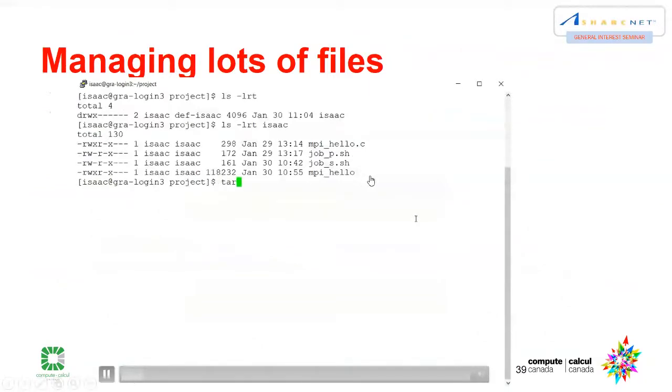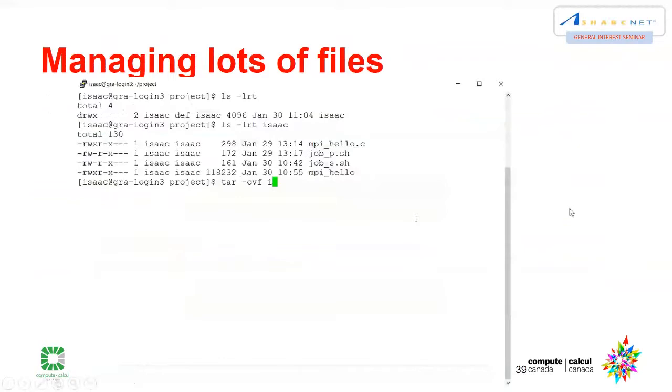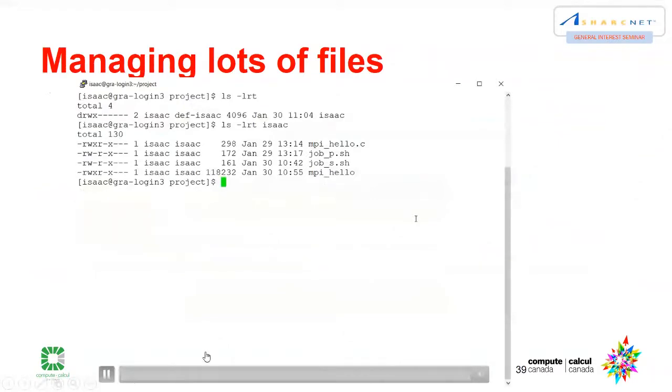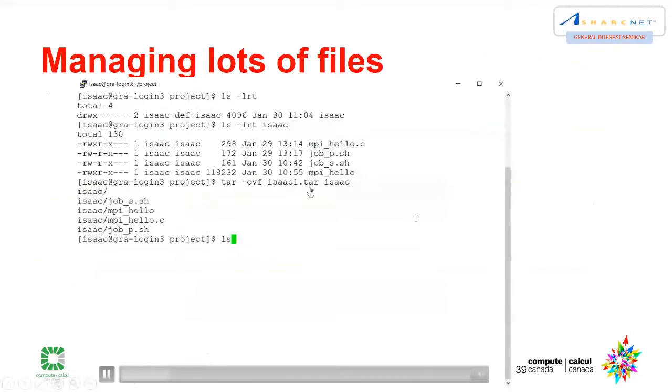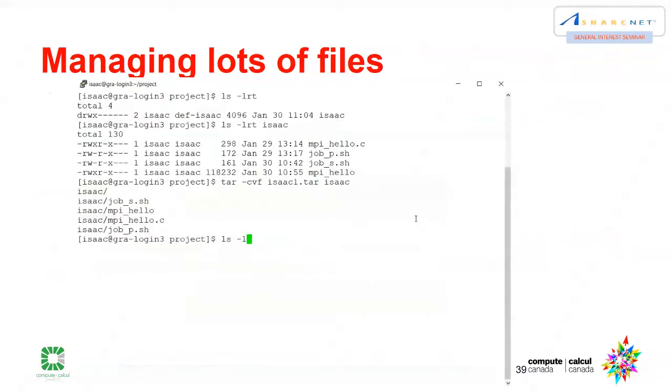If I want to group those 4 files into one file, I run tar CVF, the target name isaac1.tar, and the target directory. That means the isaac1.tar file is now holding those 4 files.